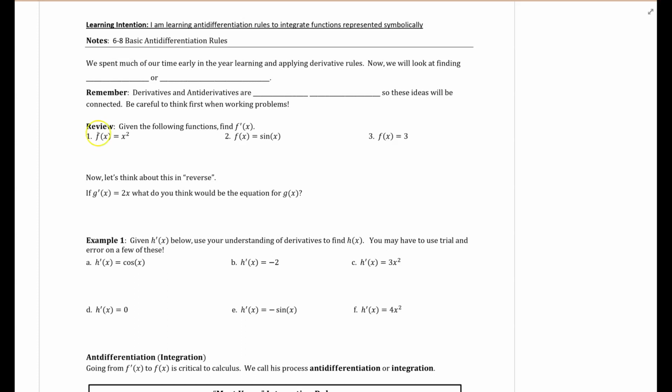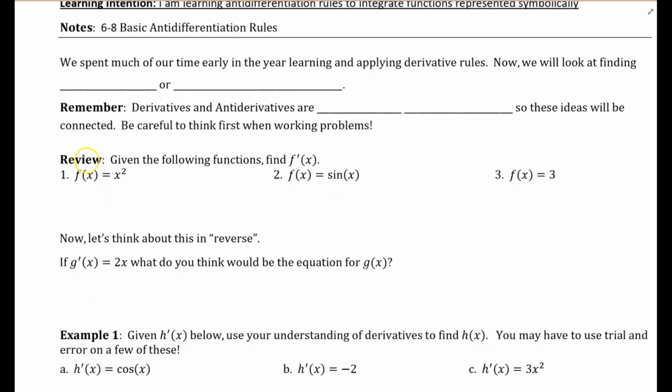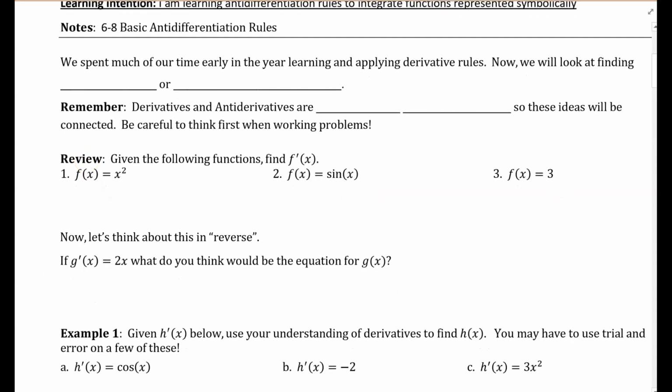Now, up until now, we have spent a lot of our year and time looking at derivatives and applying derivative rules. Now what we're going to do is transfer our focus to integrals. And these are also known as antiderivatives.